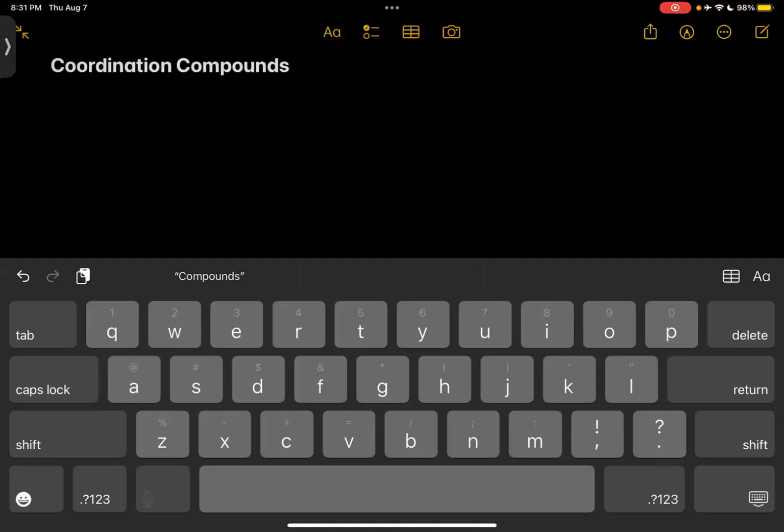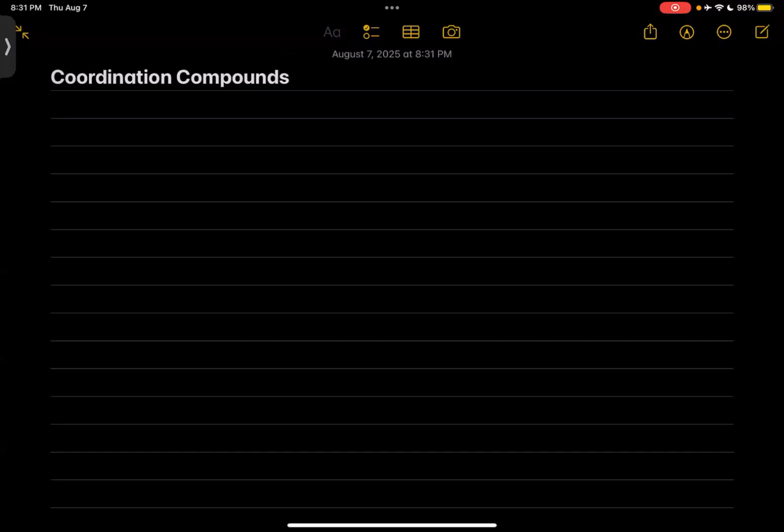Got it? And we need to look at what they are and how they are prepared, how to name them, what type of isomers they can show. Okay, whole lot of things. Basically these are mostly related to d block elements. They are formed by transition metals.